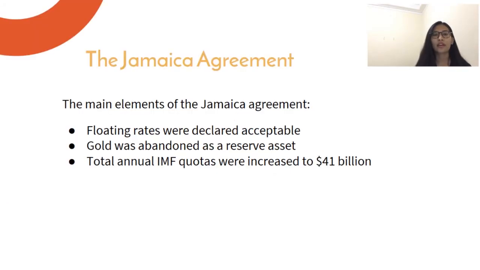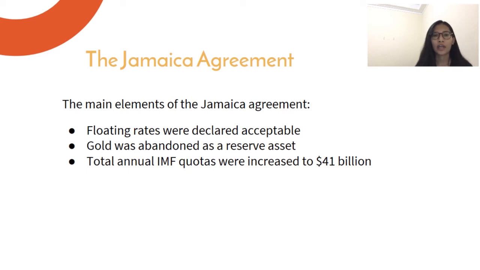There are three elements of the Jamaica Agreement. The first one is that floating rates were declared acceptable. IMF members were permitted to enter the foreign exchange market to even out unwarranted speculative fluctuations. The second one is that gold was abandoned as a reserve asset.